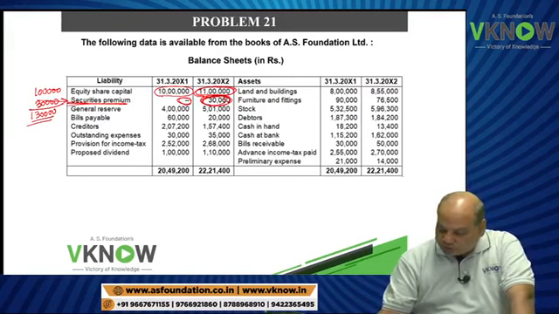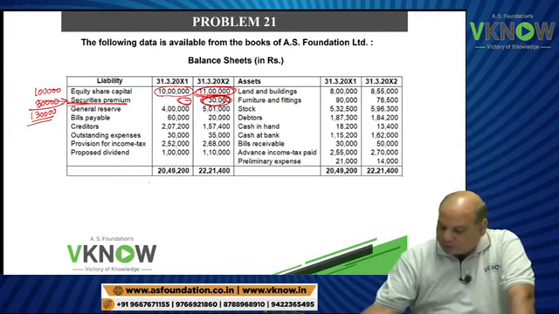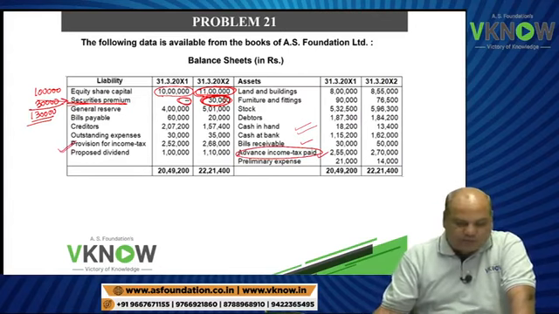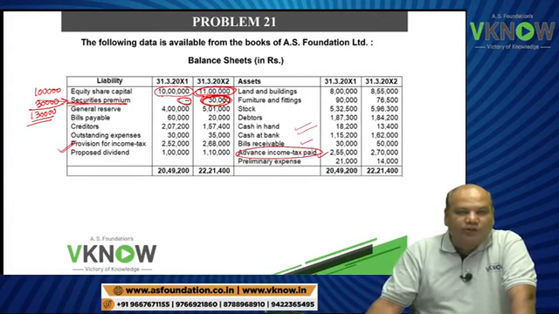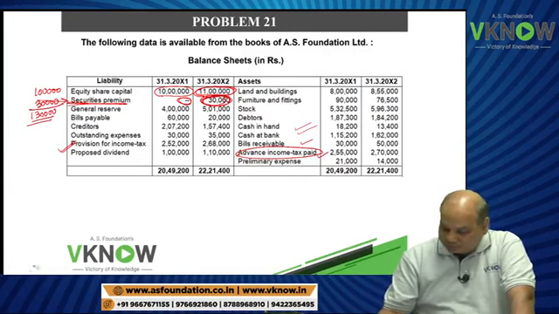Then next is general reserve, bills payable, creditor, outstanding expense, provision for income tax, proposed dividend. Land and building, plant and machinery, stock, debtor, cash, bank, bills receivable. Advance income tax paid, tick mark, and also tick mark provision for income tax. On the liability side, we have provision for income tax. On the asset side, we have advance income tax paid.